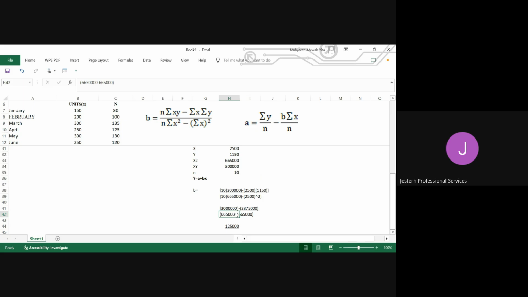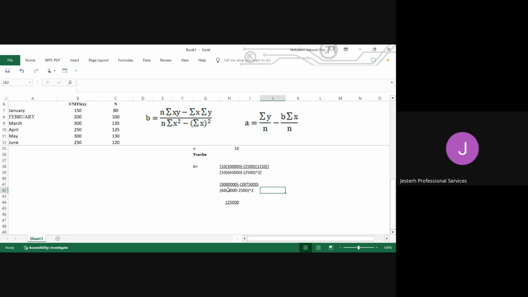While this one too is going to be 2005, then raised to power of 2. Okay, we are still on the same page. The only thing that changes here is it's supposed to be summation of X, closing bracket, raised to power of 2, not summation of X squared.